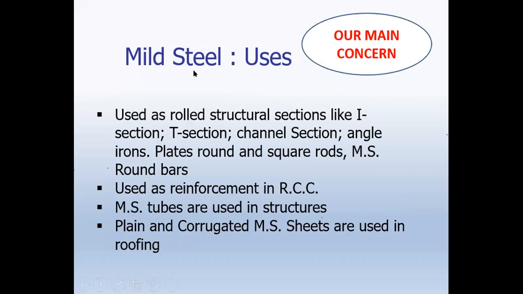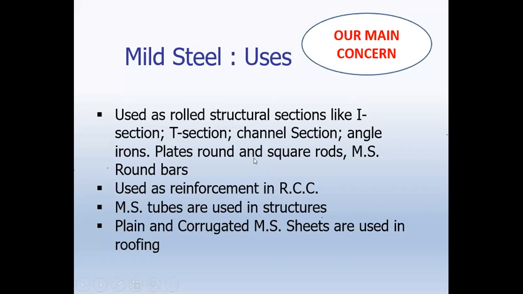Now the uses. As we said, steel can be used as rolled structural sections. These rolled sections are special sections that are manufactured according to the shape at the factory. So in factories, we find such sections having shapes like I section, T section, channel sections, as well as angles. We also have the plates.